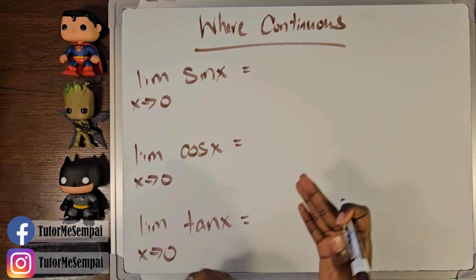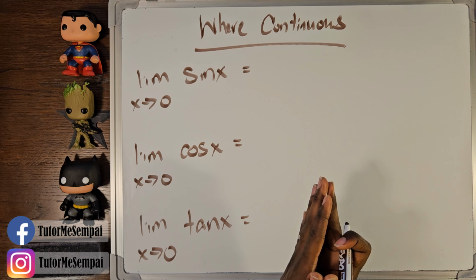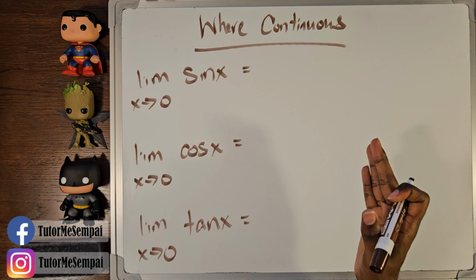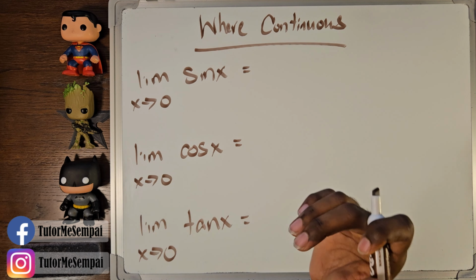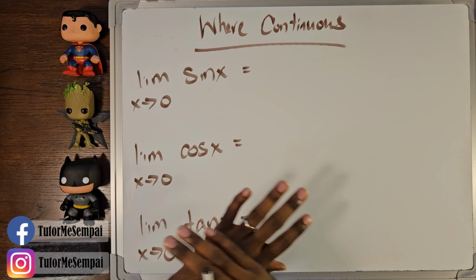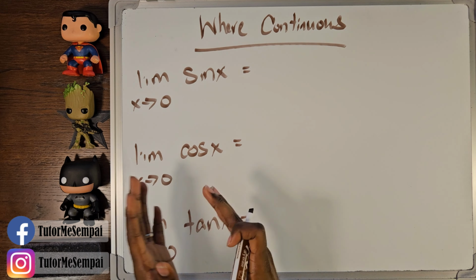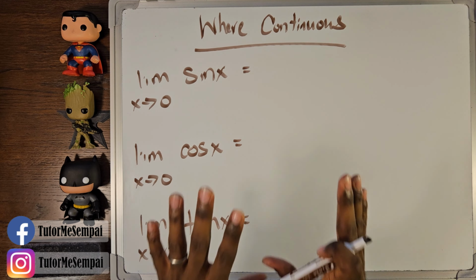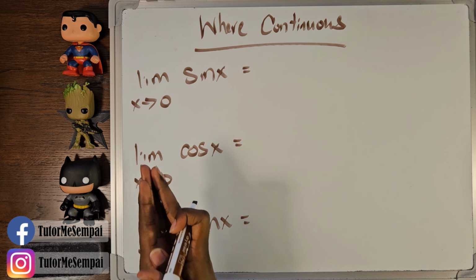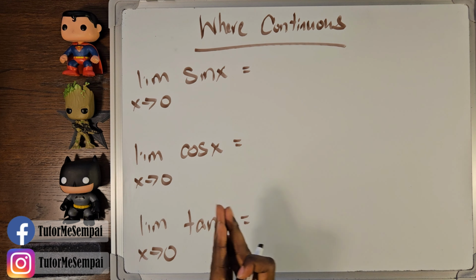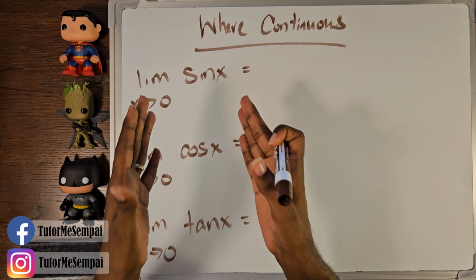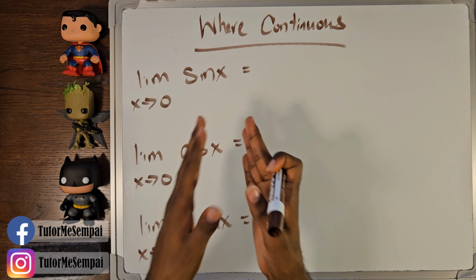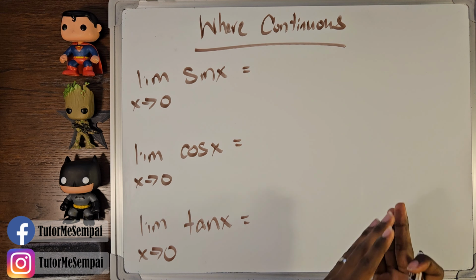Sine and cosine don't, but tangent has vertical asymptotes that break up the function, so it's not continuous everywhere, but your sine and cosine are continuous everywhere. And early on this channel, we had a video that said continuous functions have that special property of having their limit equal to their value at that point. So wherever your trig function is continuous, the limit equals the value of that trig function.